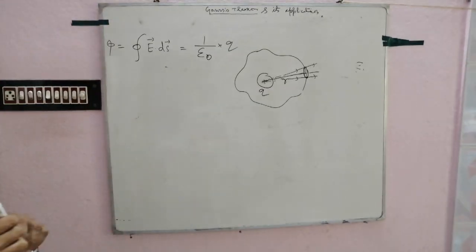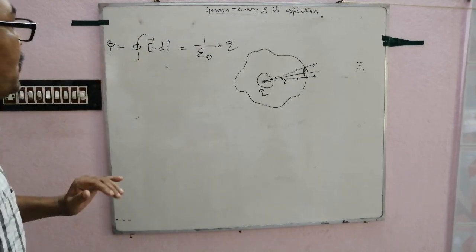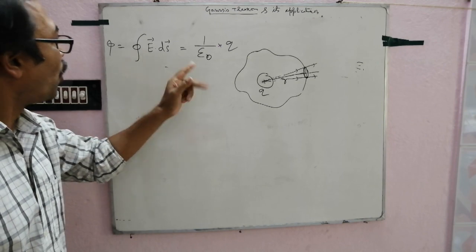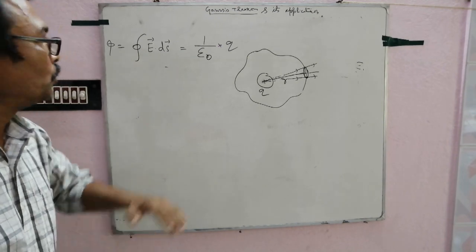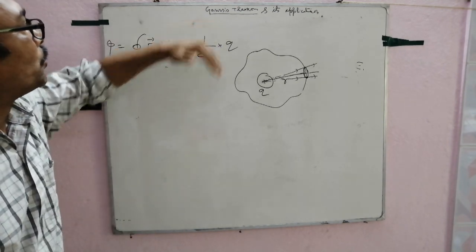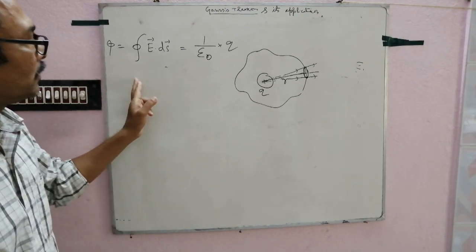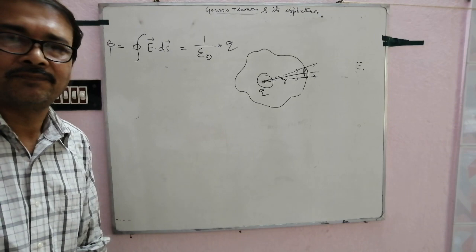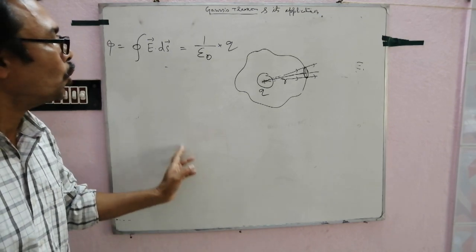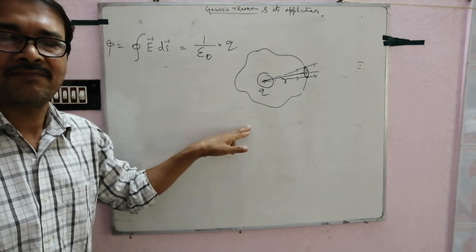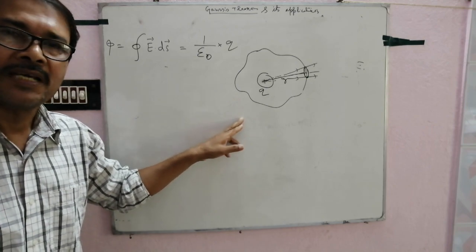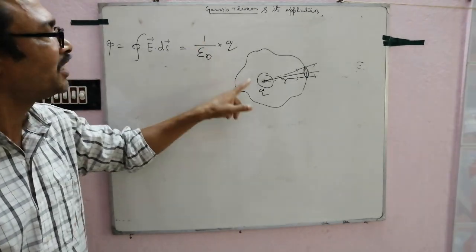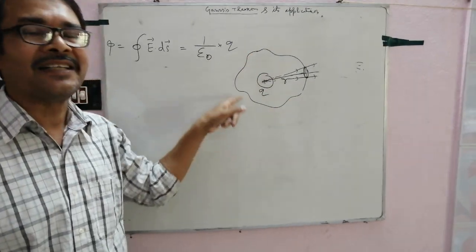Follow. This is the Gaussian theorem, the mathematical form of Gaussian theorem. So what is the Gaussian theorem? The total flux over a closed surface in vacuum is 1 by epsilon naught times the charge enclosed by that surface.